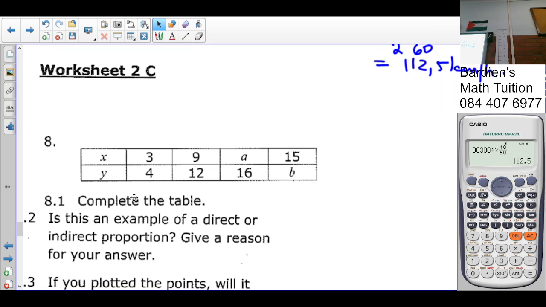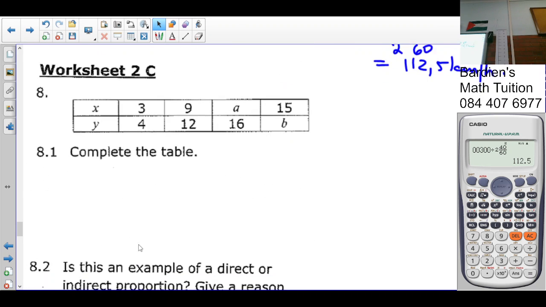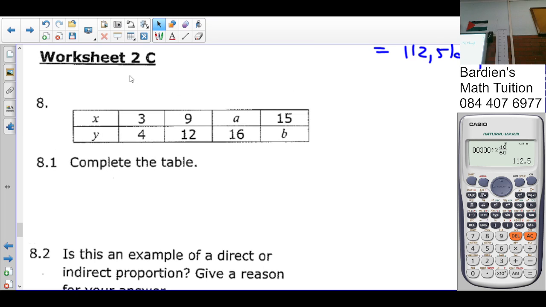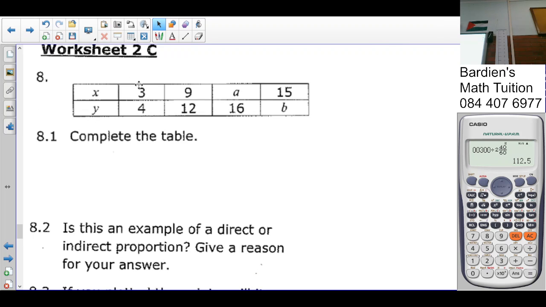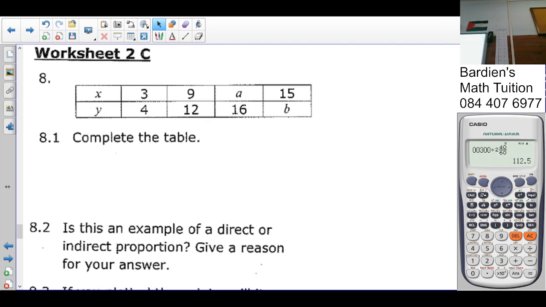Number 8 says complete the table. So we need to first check if this is a case of direct or inverse proportion. What is 3 times 4? 12. What's 9 times 12? Not 12. Which means I'm not multiplying to get the same number all the time.